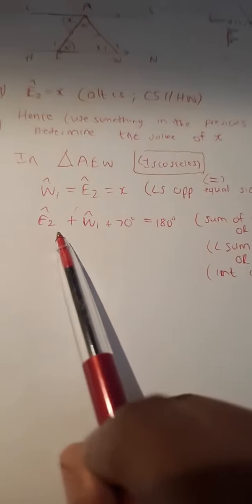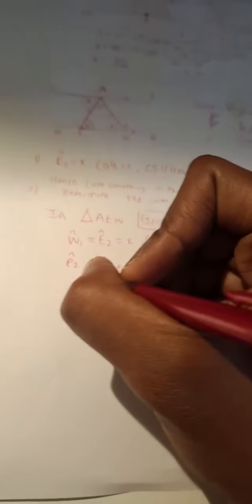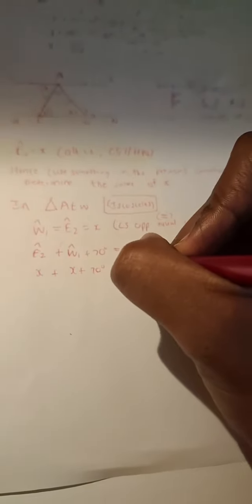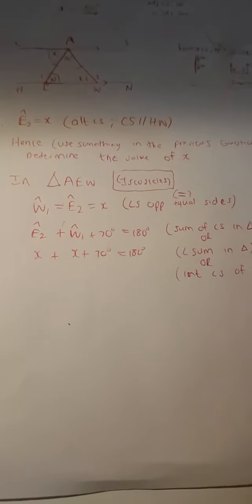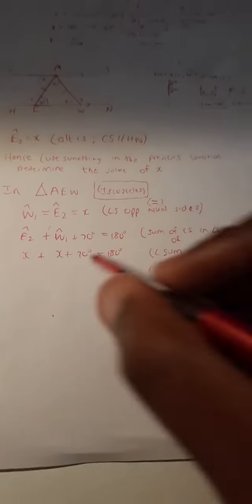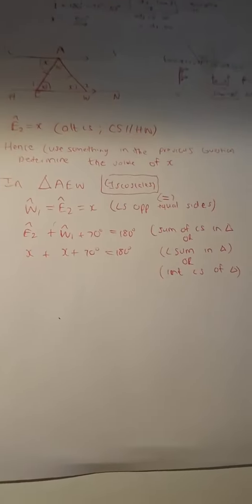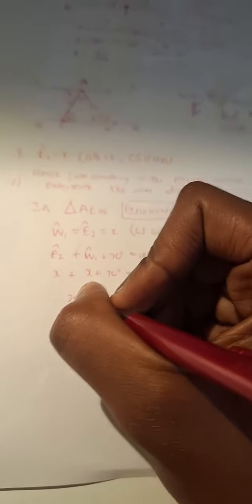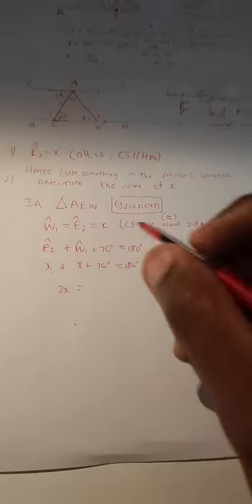Okay, so angle E2, guys, we know angle E2 is x, so x plus x plus 70 degrees is equal to 180. Now we can go ahead and solve for x. Guys, from here on, we are back in solving the equations. x plus x gives 2x. We take the 70, we transpose it.